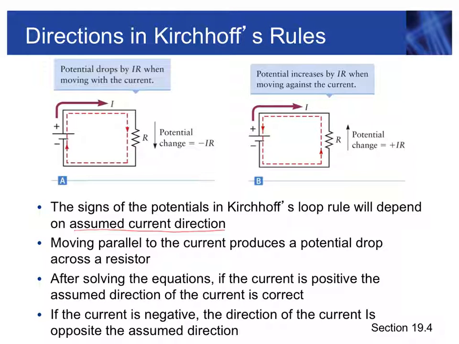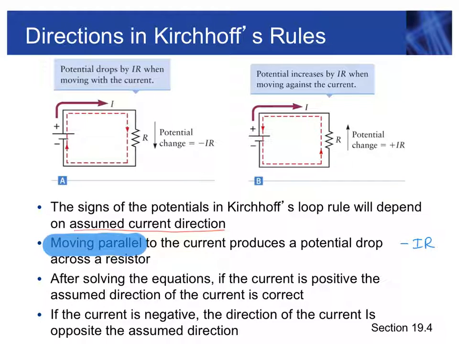Okay, let's keep going. Moving parallel to the current produces a potential drop across a resistor. What does it mean? Negative IR. So we have to take a negative sign, multiply current by this resistance, and that goes in the Kirchhoff loop rule.